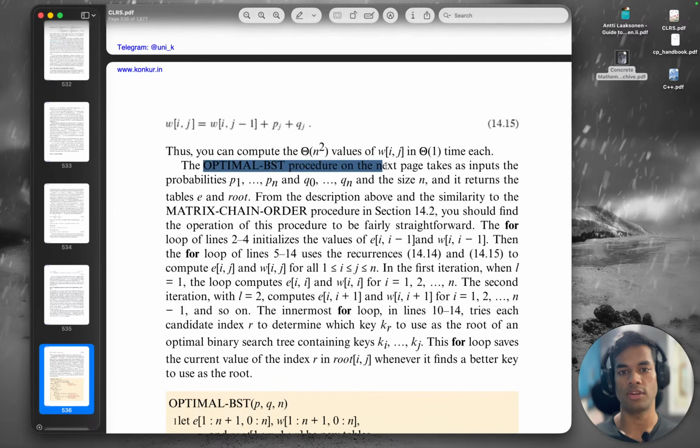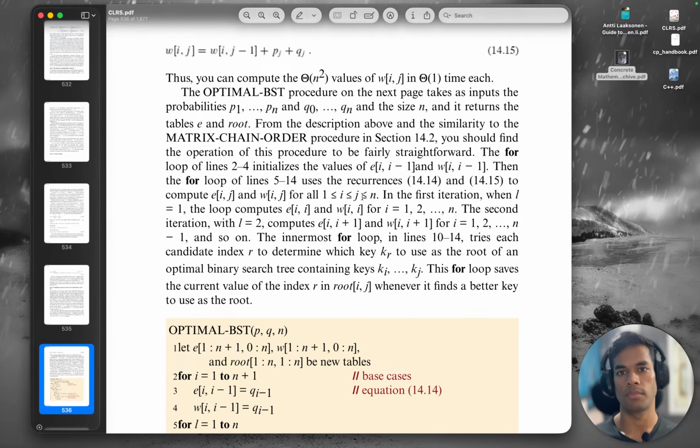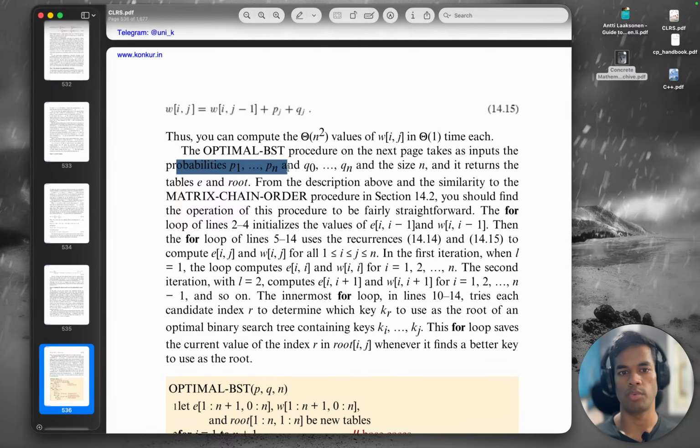The OPTIMAL-BST procedure on the next page takes as input the probabilities p_i for the nodes and q_i, the probabilities for the ith dummy node, and the size n. There are probabilities for the dummy nodes too.